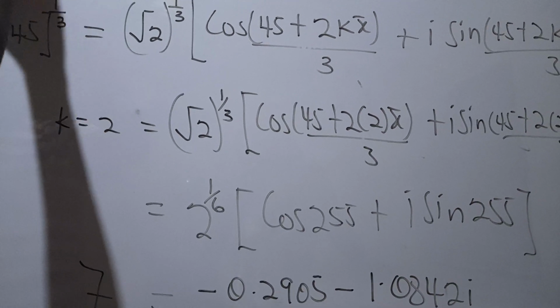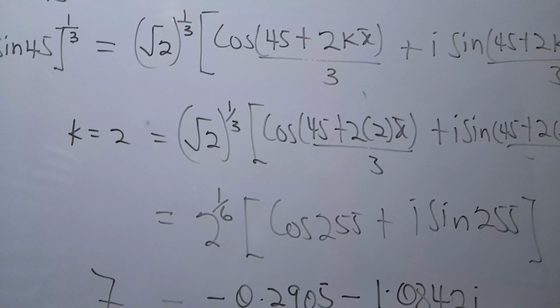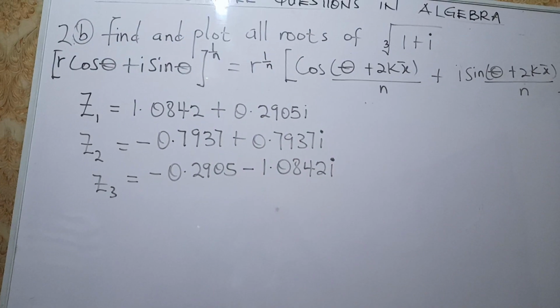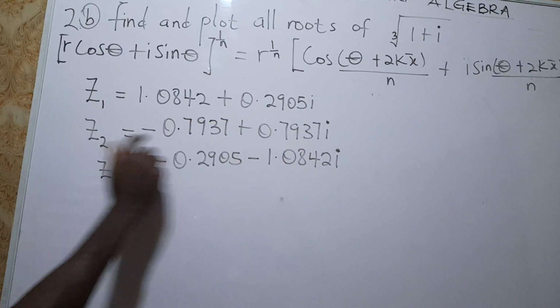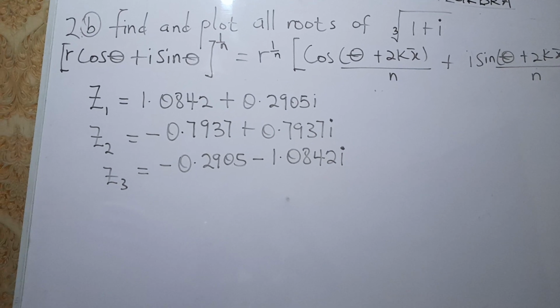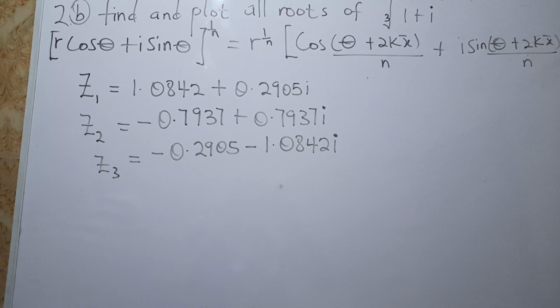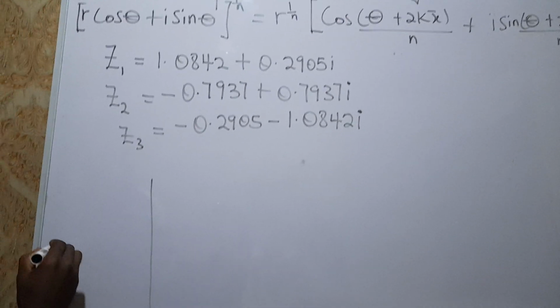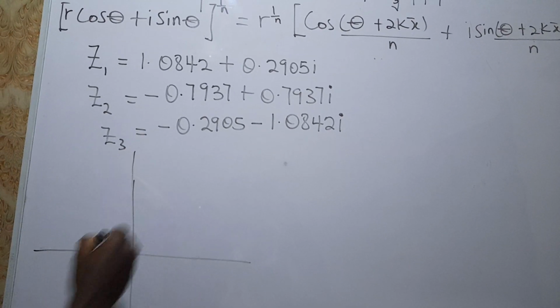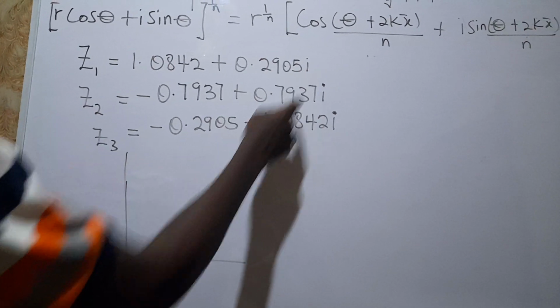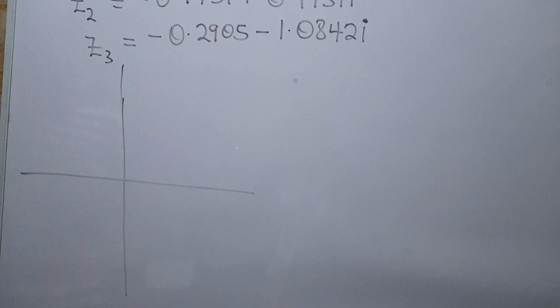We can now plot, because the question says we should plot all the roots. So since we found all the 3 roots, the first root is this, the second and the third. We can plot them on a Cartesian plane. So the first one, remember, both the real part and the imaginary part are positive. So it will be found in this quadrant.